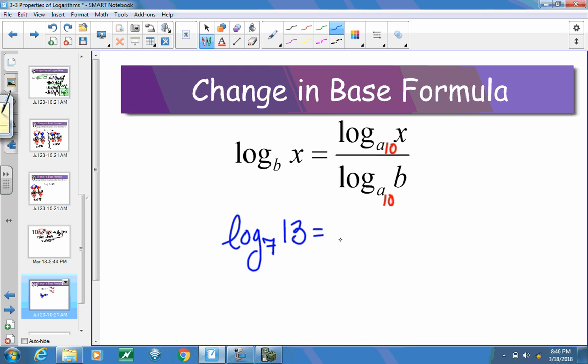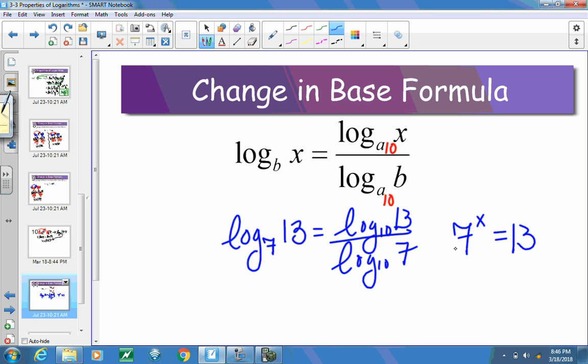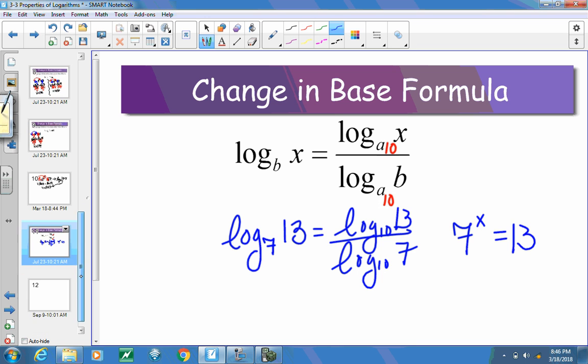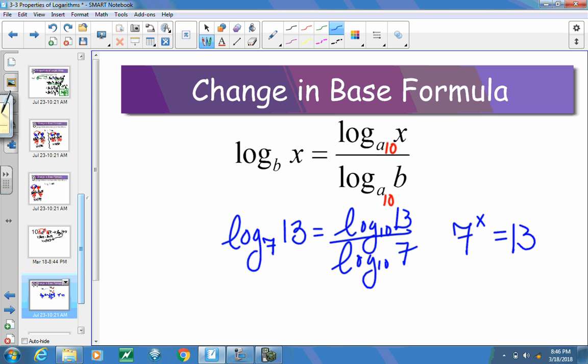Then we could go ahead here and rewrite this as log base 10 of 13 divided by log base 10 of 7. And ultimately we're getting the same thing just by solving the exponential equation of 7 to the power of x equals 13. So that was section 3.3.